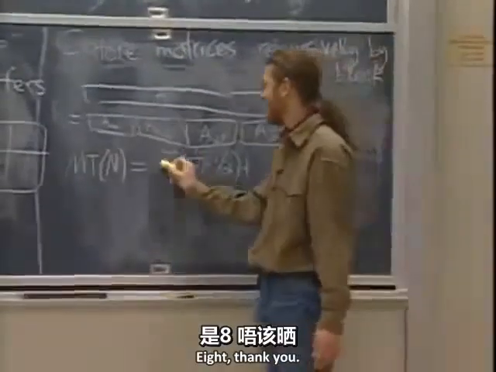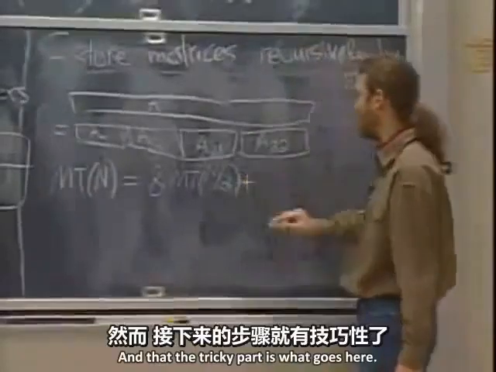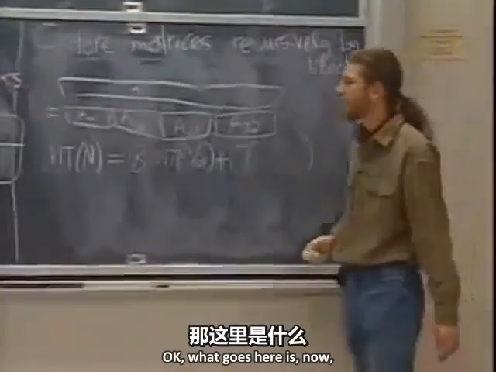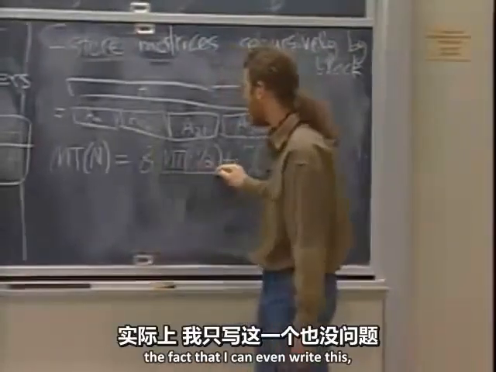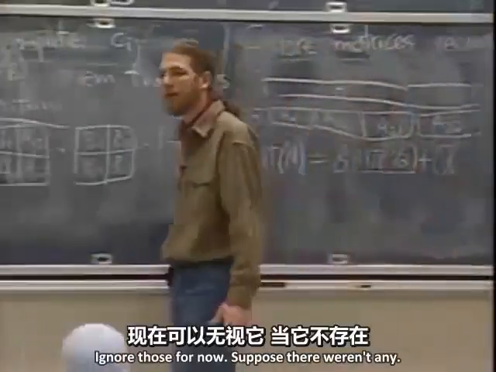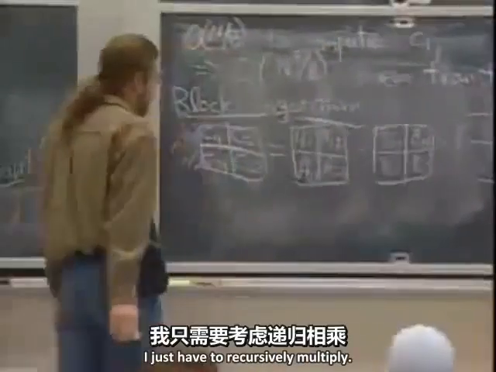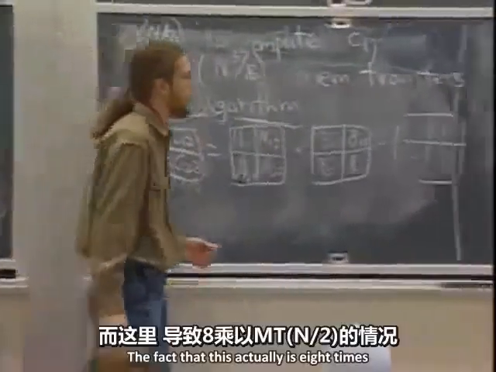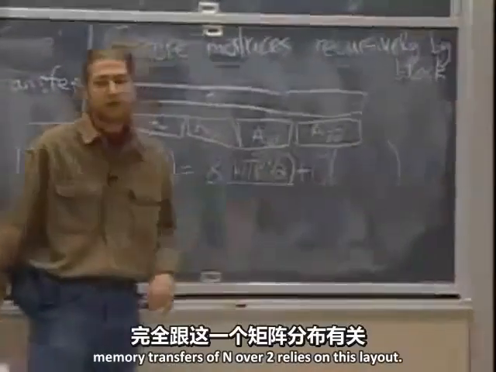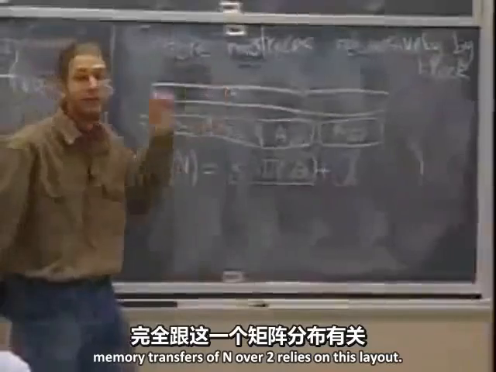Eight. Thank you. That you should know. And then the tricky part is what goes here. Ignore the matrix additions for now. Suppose there weren't any. I just have to recursively multiply. The fact that this is actually 8 times the memory transfers of n over 2 relies on this layout.